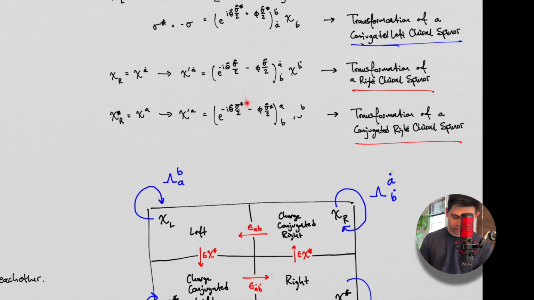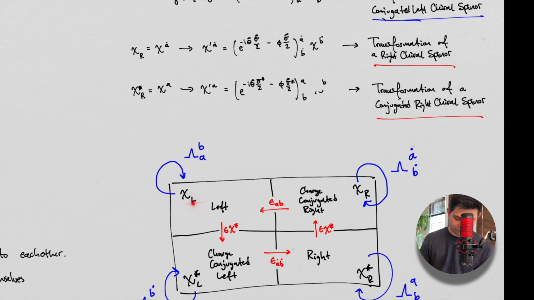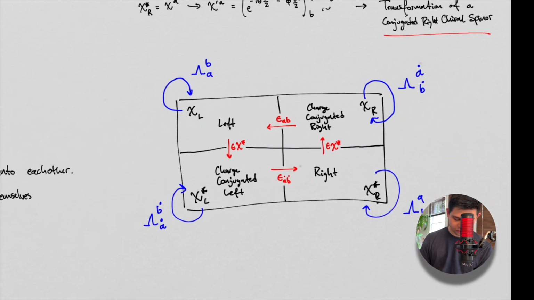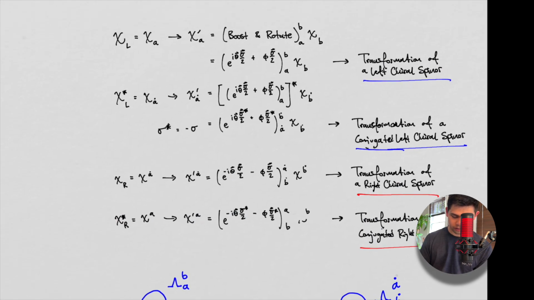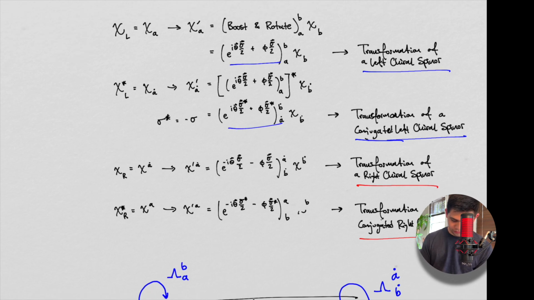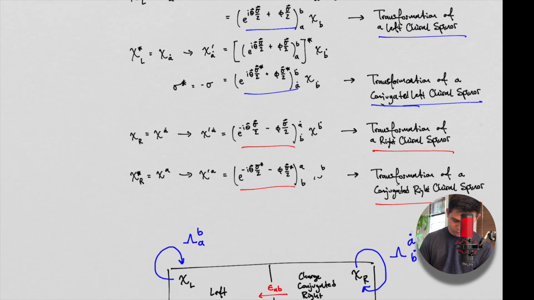And then we had all these guys also. So maps of these guys into themselves are going to be these matrices, right? Or these transformations. And all of these are encapsulated right in here.